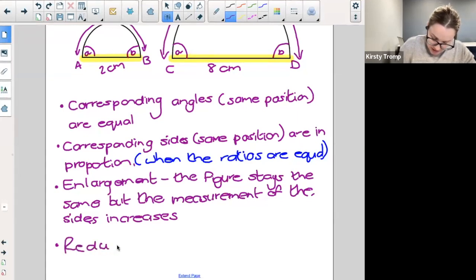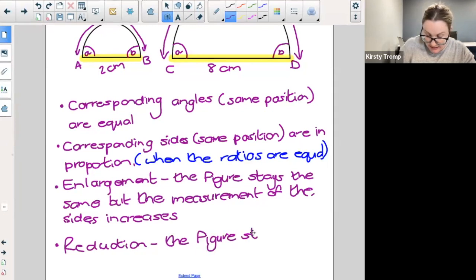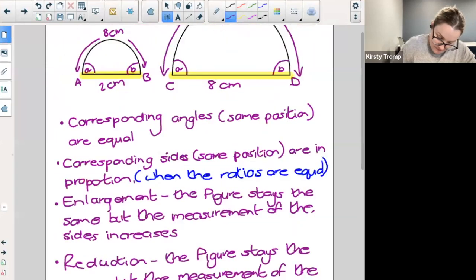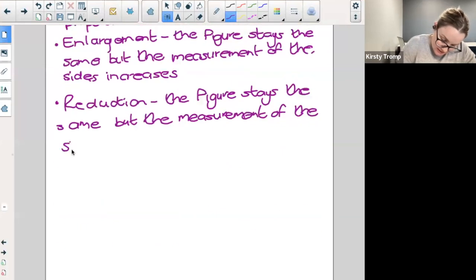What's going to happen with a reduction? Well, for a reduction, the figure stays the same, but the measurements of the sides decrease.